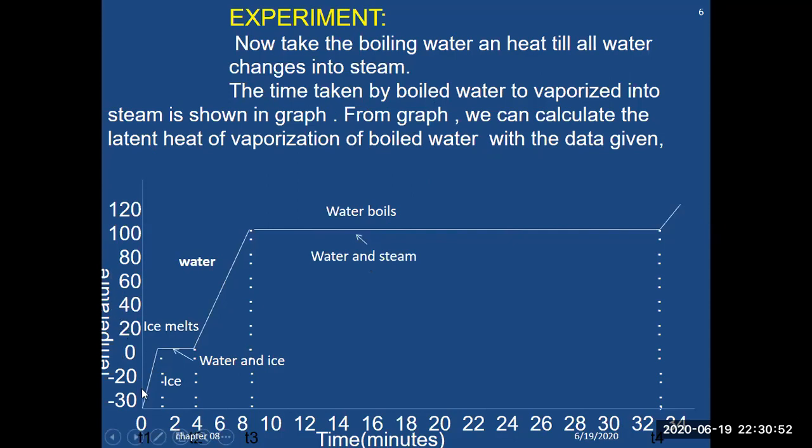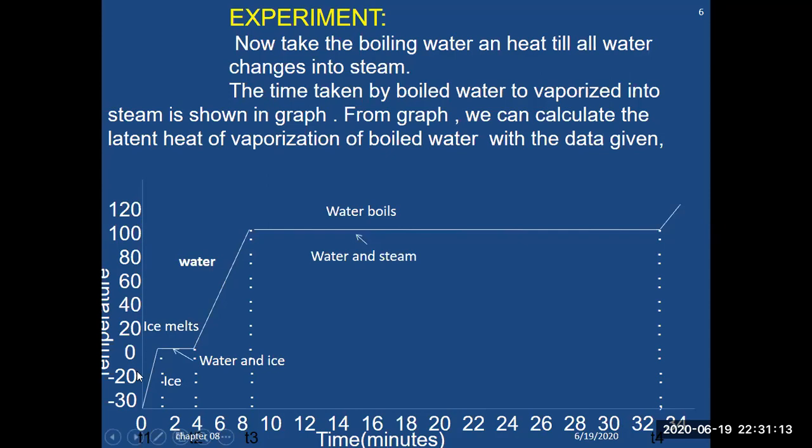So you increase the temperature from below 0, and when you reach 0 degrees Celsius, at the same time the solid ice is converted into water. And again, when you start heating, the temperature of the water increases from 0 and reaches up to 100 degrees Celsius.